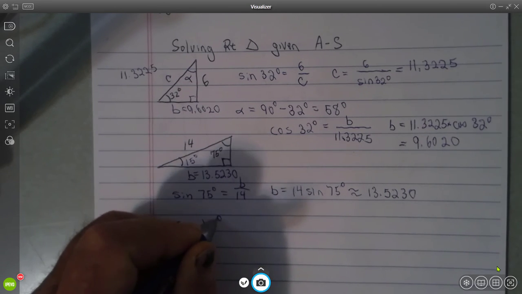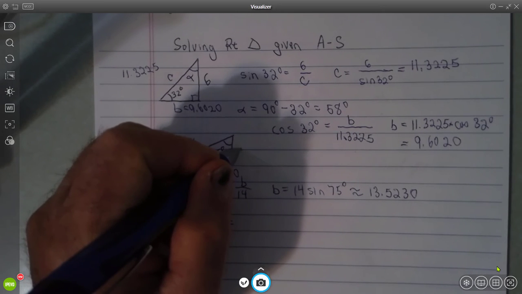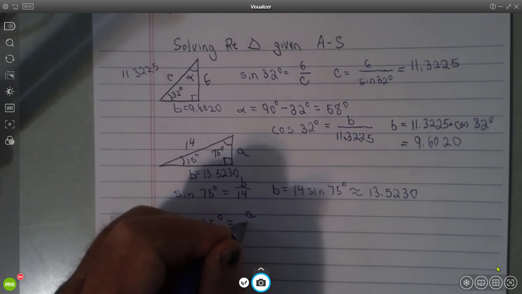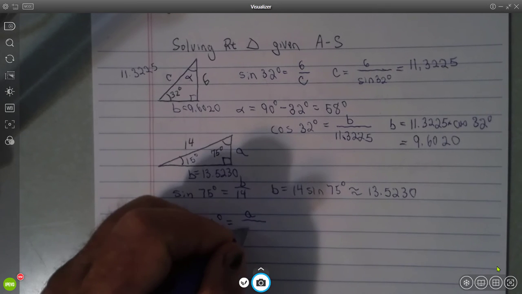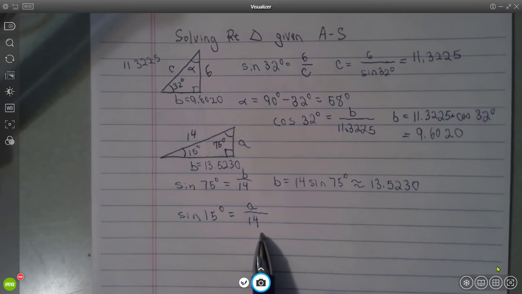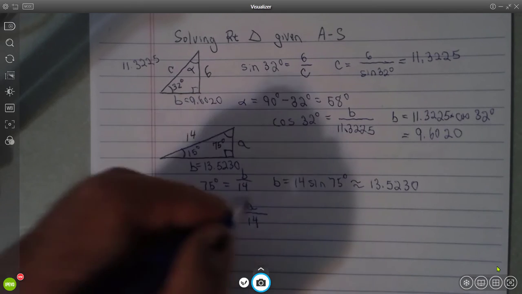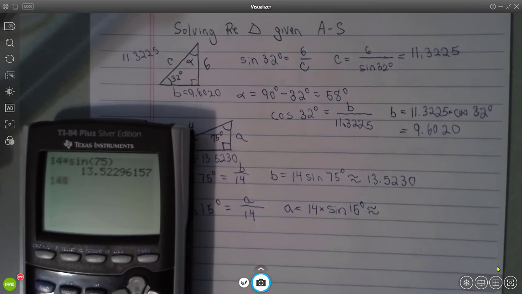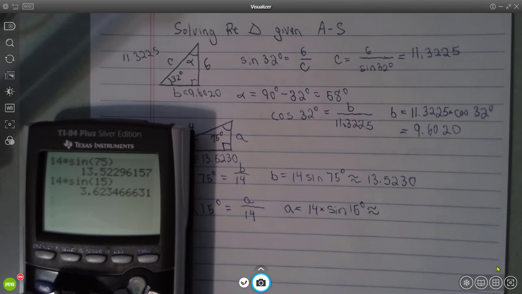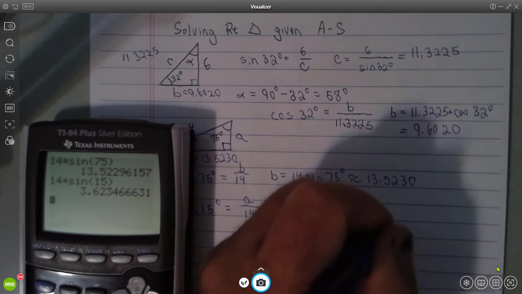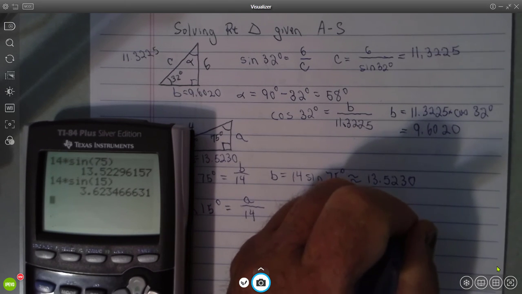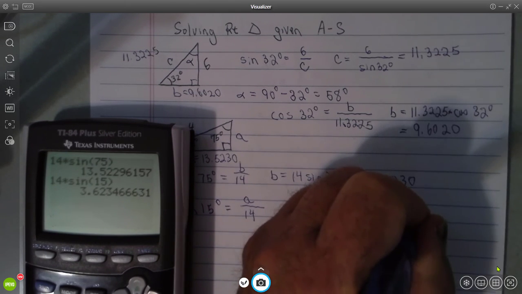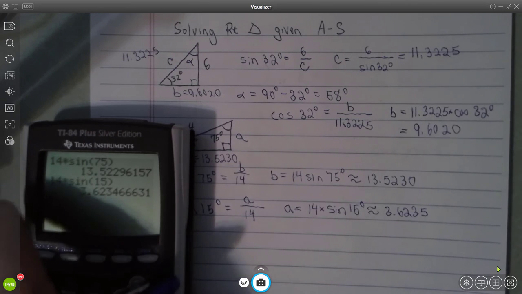Sine 15 degrees is equal to the length of the missing side, A, over the length of the hypotenuse 14, and once again we multiply through by the 14, and this can be computed with our calculator. With rounding, we have 3.6235.